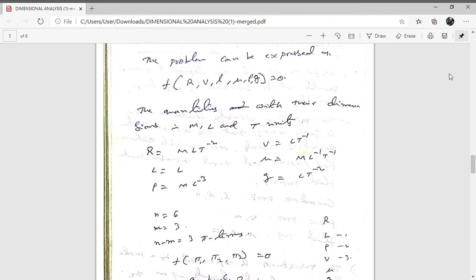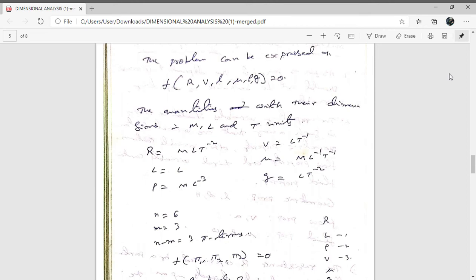First of all, for all the parameters, we should write the fundamental dimensions. R means M L T to the power of minus 2, since resistance is a force. L means length. Rho means density, M L to the power of minus 3. Velocity means L T to the power of minus 1.